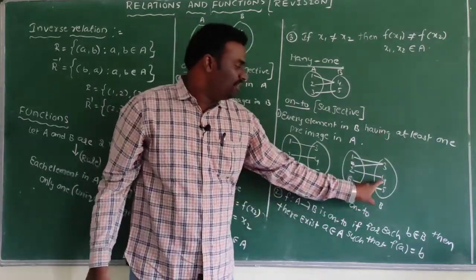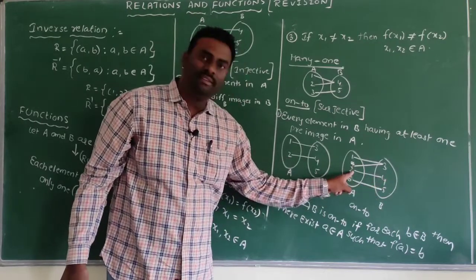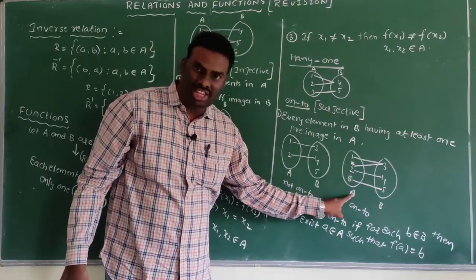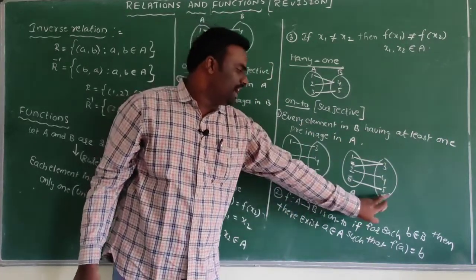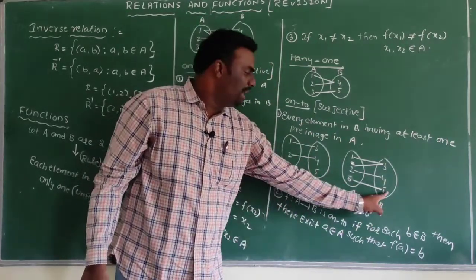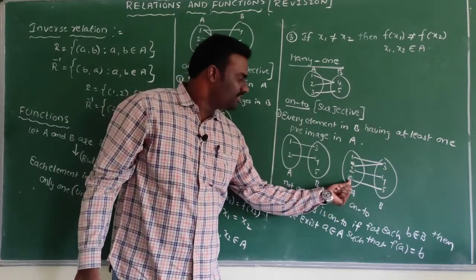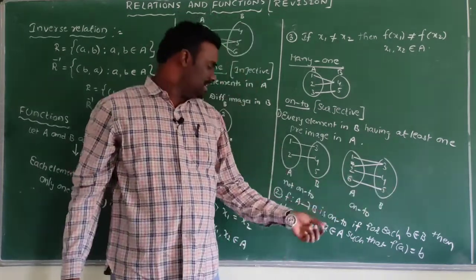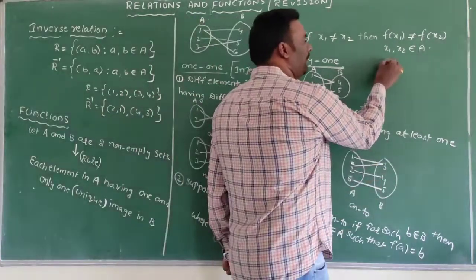If you take element 4 in codomain, its pre-image exists is there 2 in the domain such that f of 2 equals to 4. If you take element 5 in codomain, its pre-image is there 6 in the domain such that f of 6 equals to 5. This is the definition for onto, and the last definition is bijective.